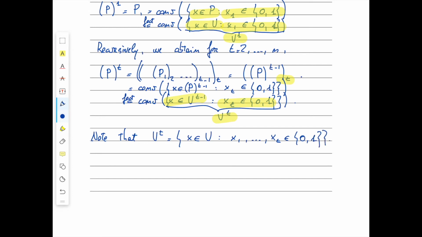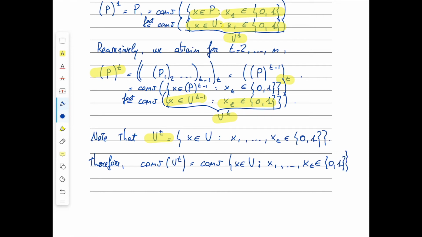Great. So at this point, we just need to apply our fact one last time. Therefore, conv Vt is exactly our set P^t that we want to characterize as in the statement of the theorem. So what is conv of Vt? Let's replace our Vt that we just obtained. So this is the conv of all the vectors in V with x1 until xt in {0, 1}.